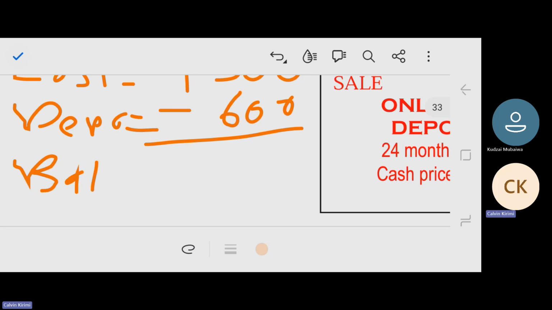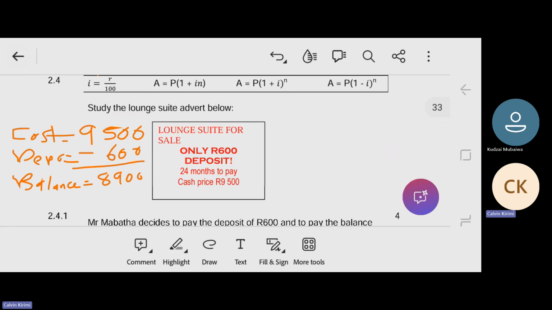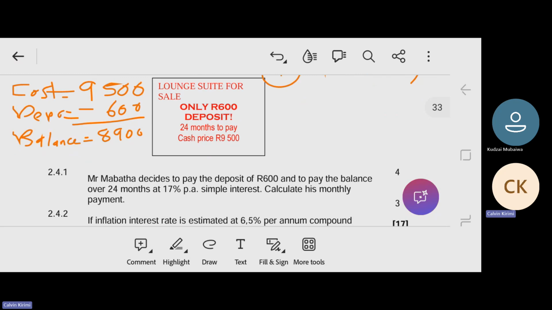So this is the amount which you are going to pay for 24 months, isn't it? Yes, sir. So the question is saying, now the balance, to pay the balance over 24 months at simple interest per annum, calculate his monthly payment.